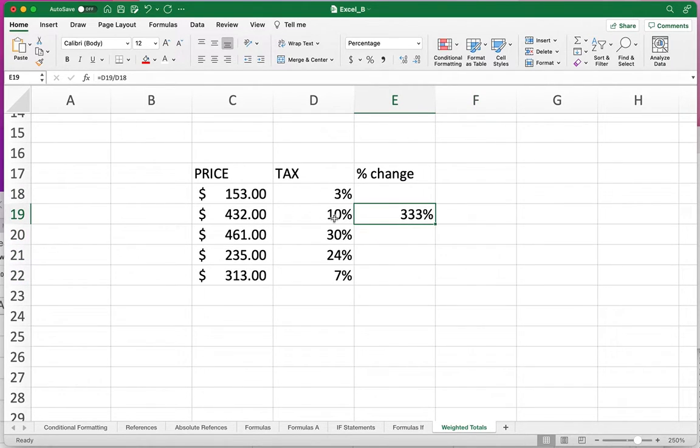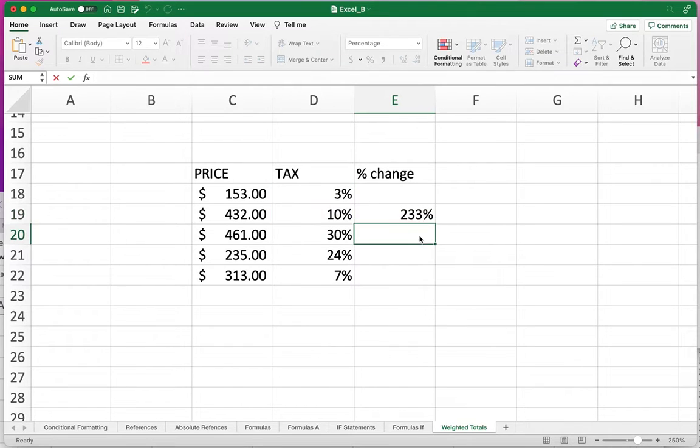Well, that is saying that 10 is 333% of 3. But I'm not looking for how much of a percentage 10 is of 3. I'm looking for how much that percent changed. So really what I'm looking for, I need to subtract 100. And really it's a 233% change.